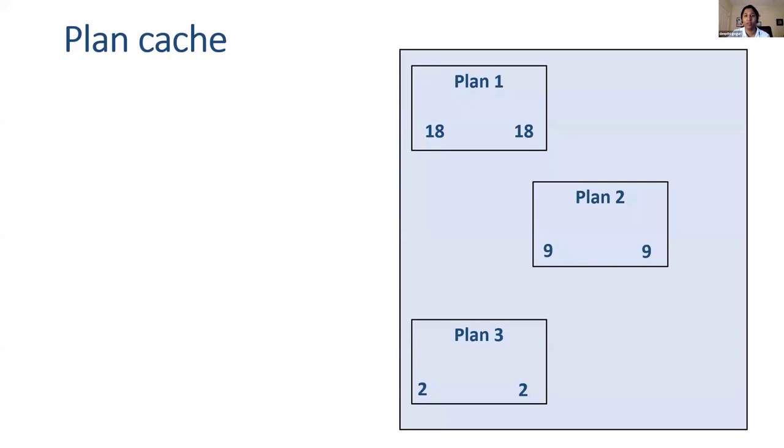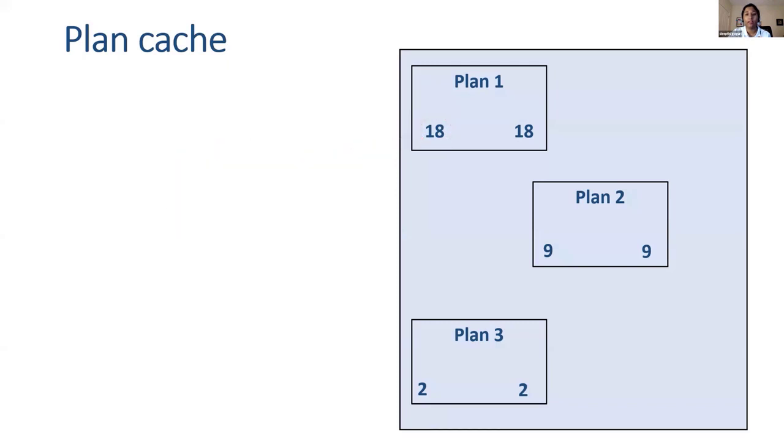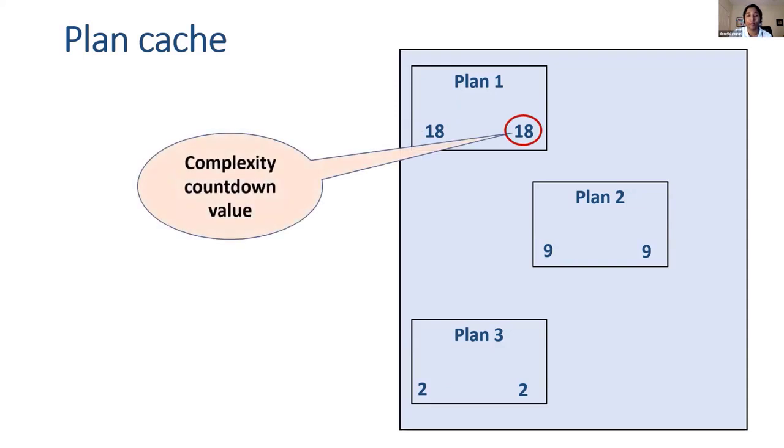It's really small. Each and every object inside the cache, like the execution plan here, will have 2 numbers on the bottom of it. The left number is called the complexity code value, and the right side is called the complexity countdown value.